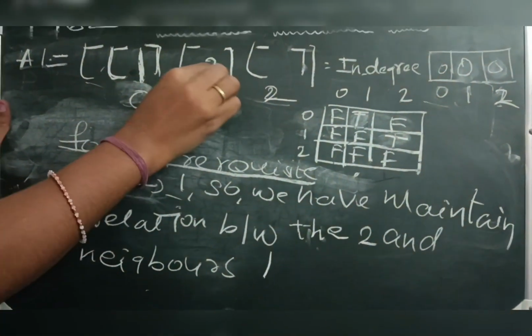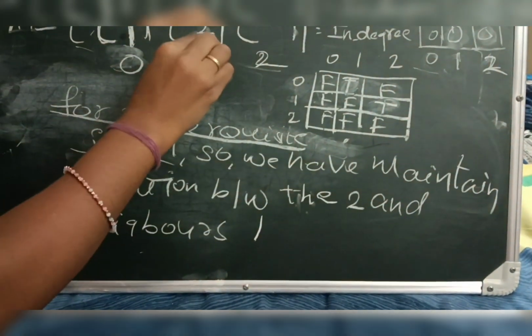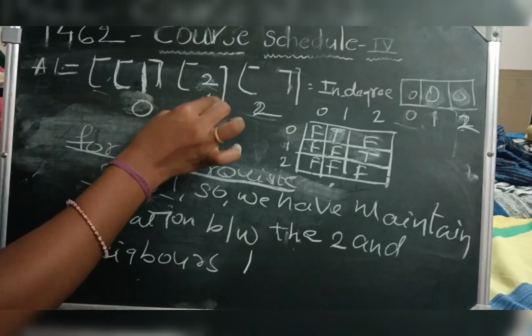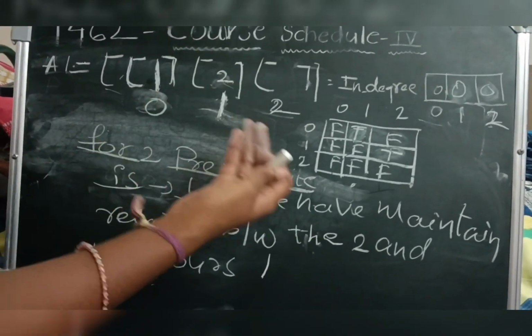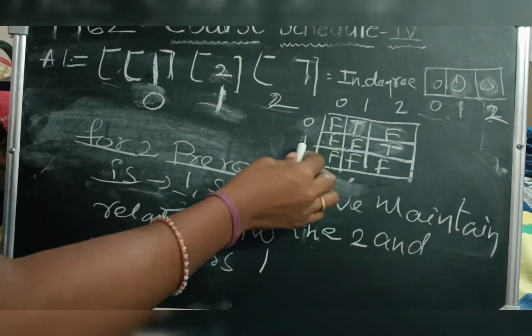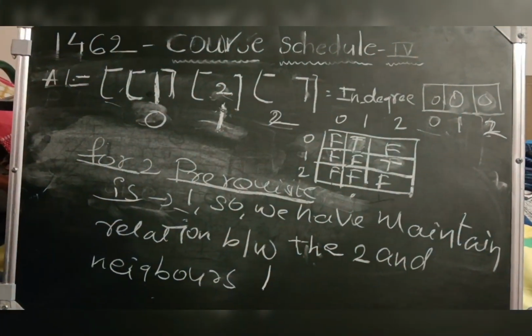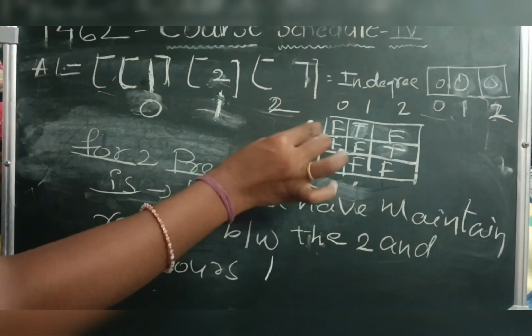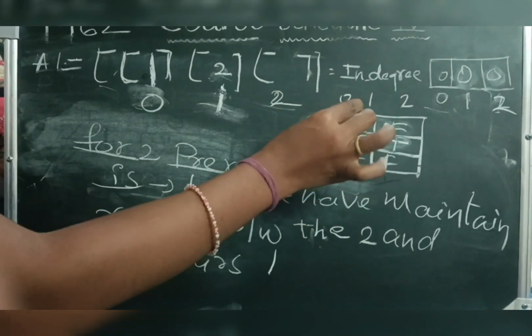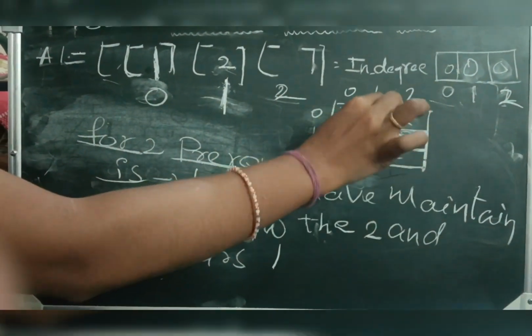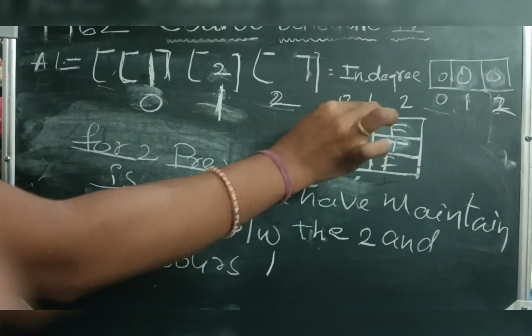Here the current element is 1, the top element is 1, and the neighbors are 2. So we have to check what the prerequisites of 1 are. It may be any vertex. When you observe this column, here it is true.